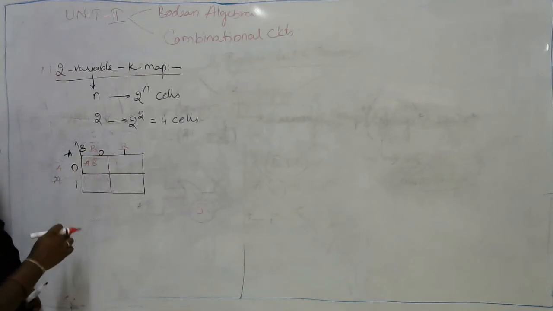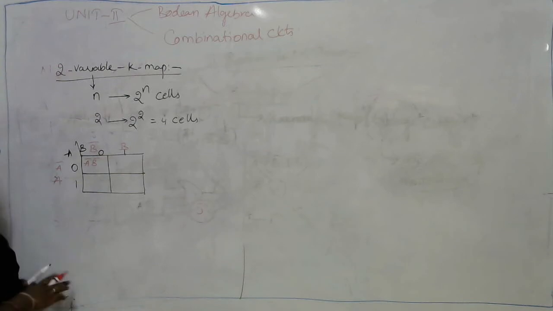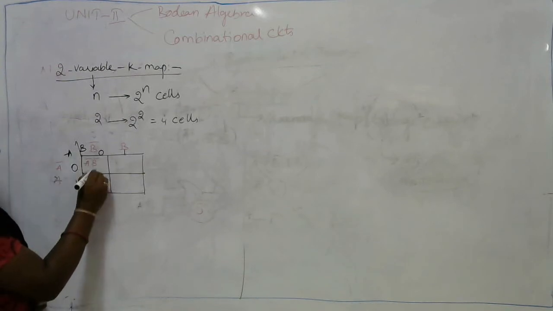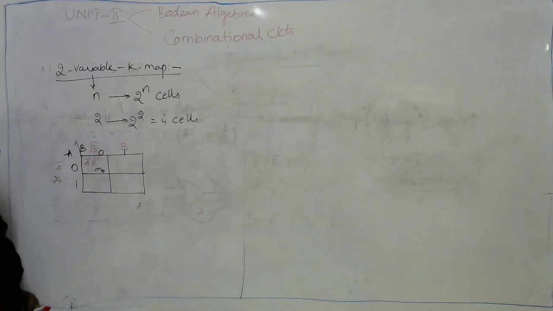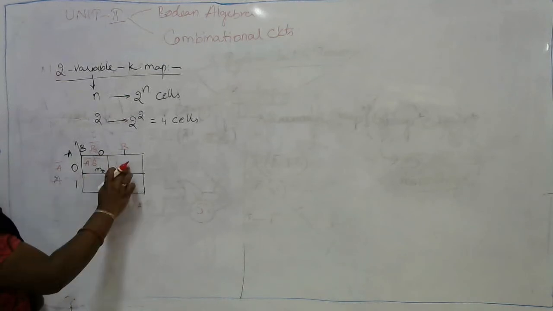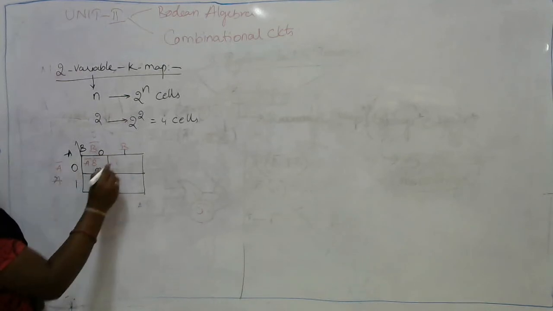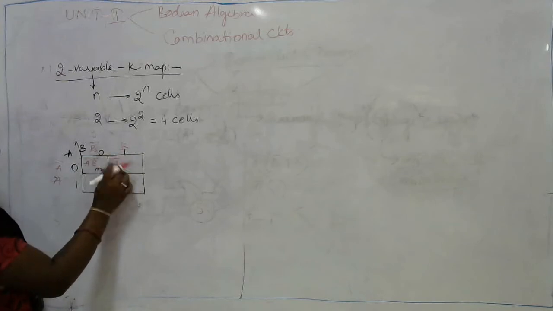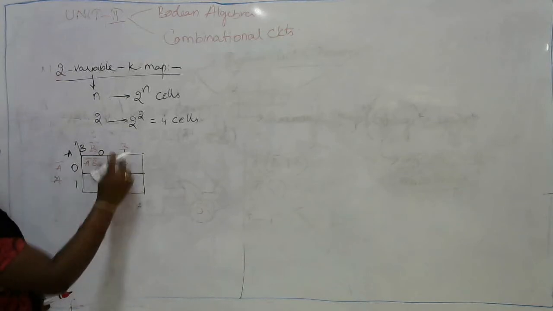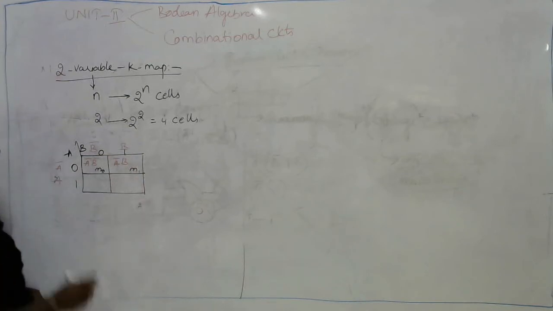Or if I want to write the same thing in terms of min terms, it is 0 0, so this cell corresponds to min term 0. Similarly, the second cell has row A bar and column B, so the min term is 0 1, which is nothing but M1.